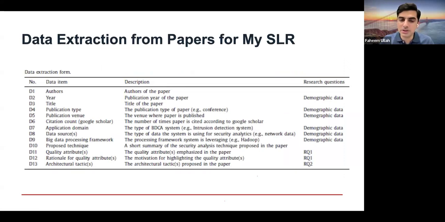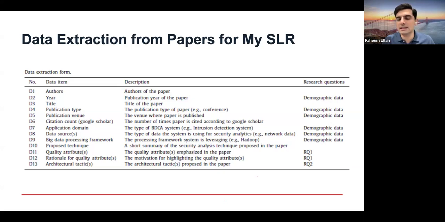So for data extraction, what I did was I designed a data extraction form for what data items I will extract from these papers. The first one is the metadata about, let's say, the authors, year, title, publication type, publication, those kind of things are very straightforward. The items that are of more interest were the application domains, data sources, big data processing framework, proposed technique, and so on and so forth.